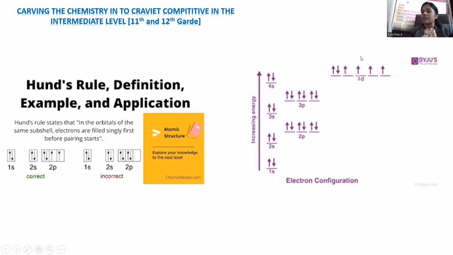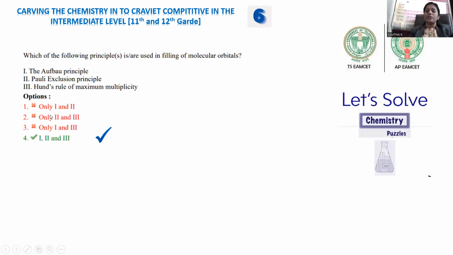The sixth electron enters into a d orbital where pairing is possible. All the orbitals are singly occupied first, later on pairing of electrons is possible, which is called Hund's rule. Fine. All three are perfectly explained in order to mention the filling of orbitals, so all three are the right answer. For question number 6, option number 4 will be the correct answer.